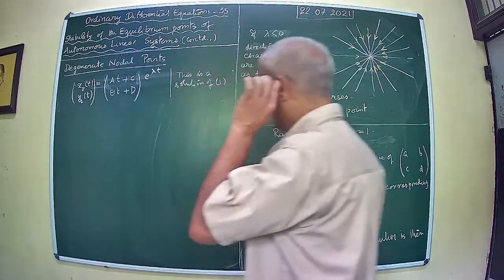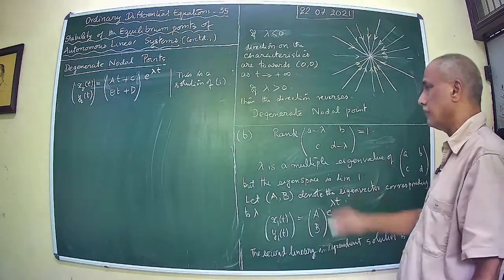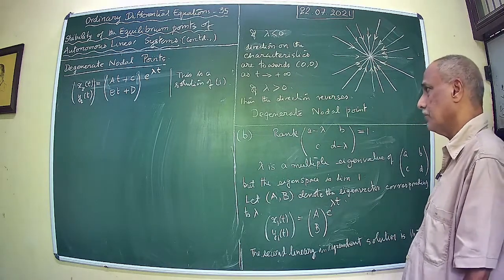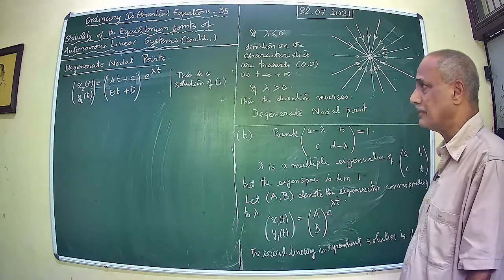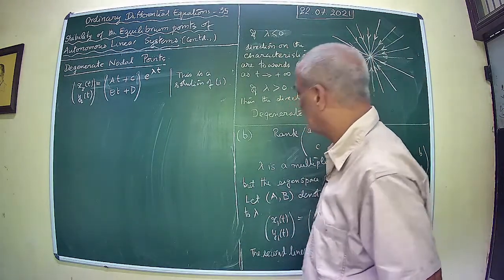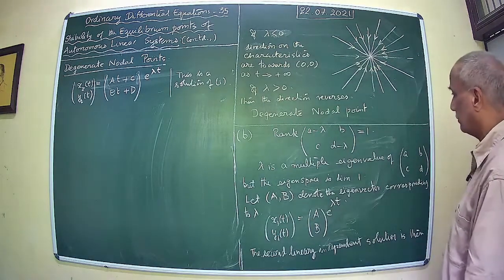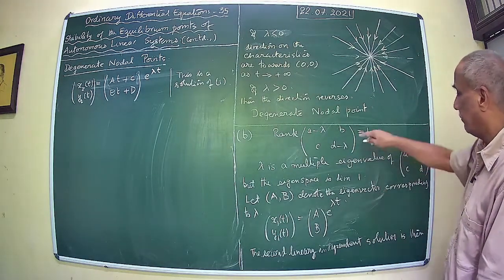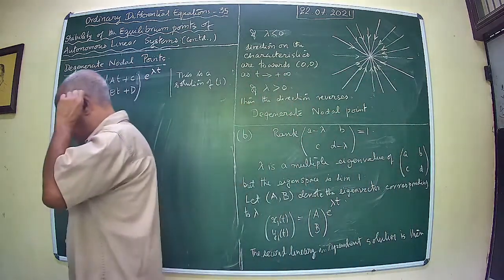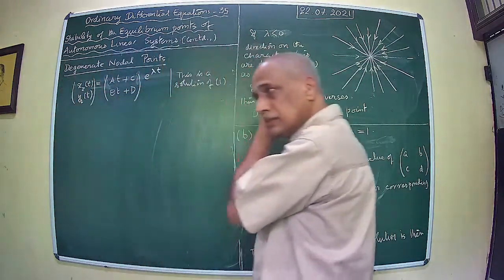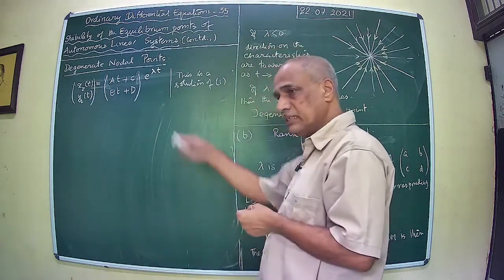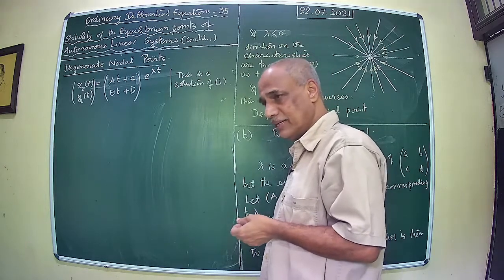Now A and B are the eigenvectors associated with lambda, but C, D is not an eigenvector, but you have the property that C, D is a vector for which, when you take the matrix A minus lambda, B, C minus lambda, D and square it, that nullifies C, D. This you would have already analyzed.